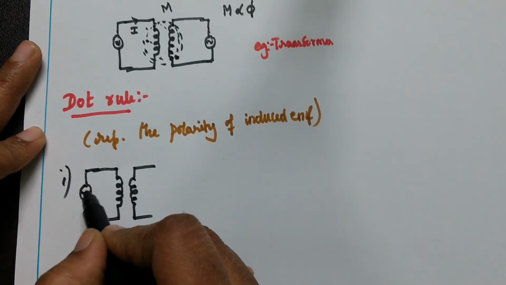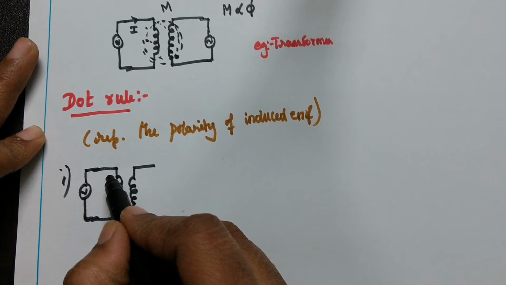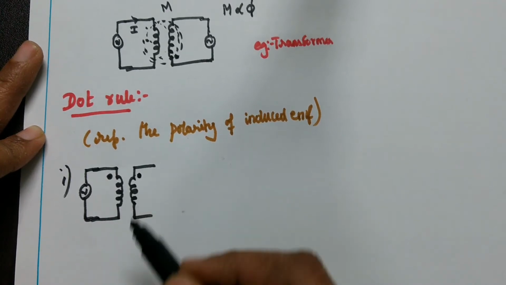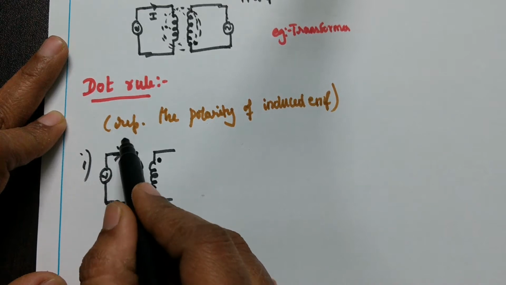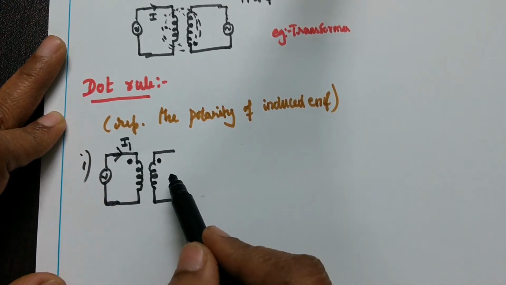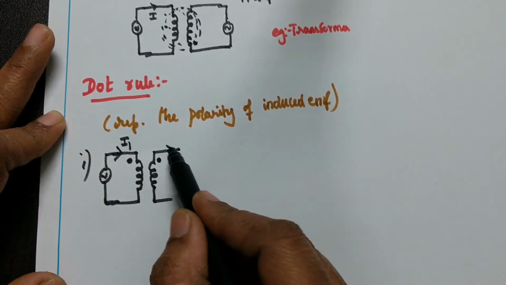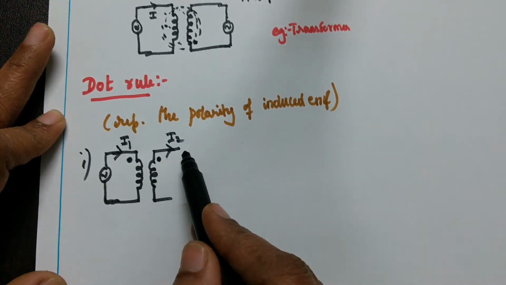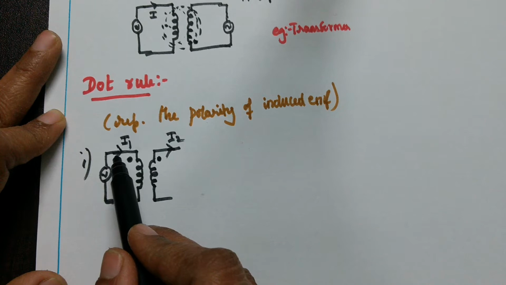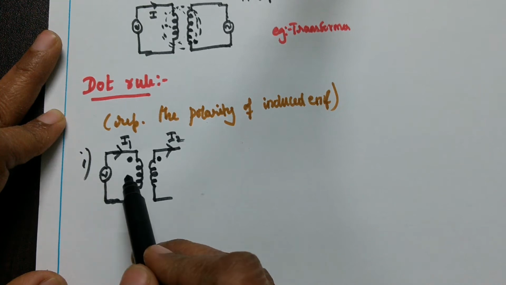If it is excited by a voltage source, and two dots are represented here, that means current enters at one dotted end and current leaves at the other dotted end. In the secondary winding, current leaves from the dotted end, and in the primary winding, current enters at the dotted end.